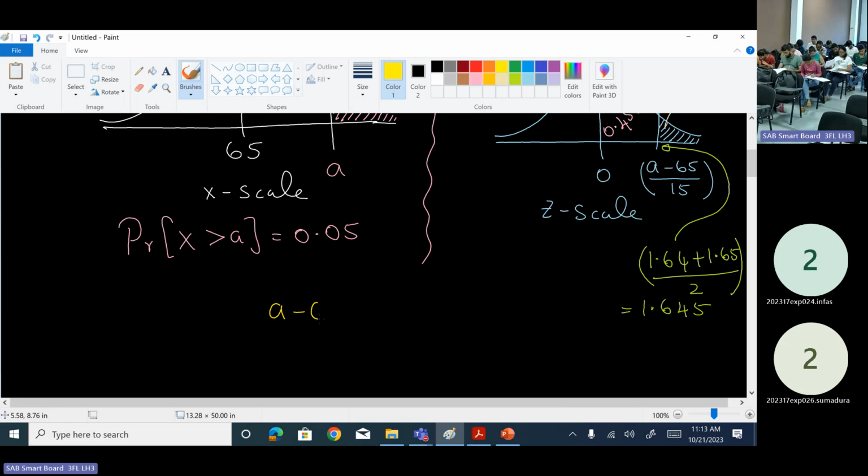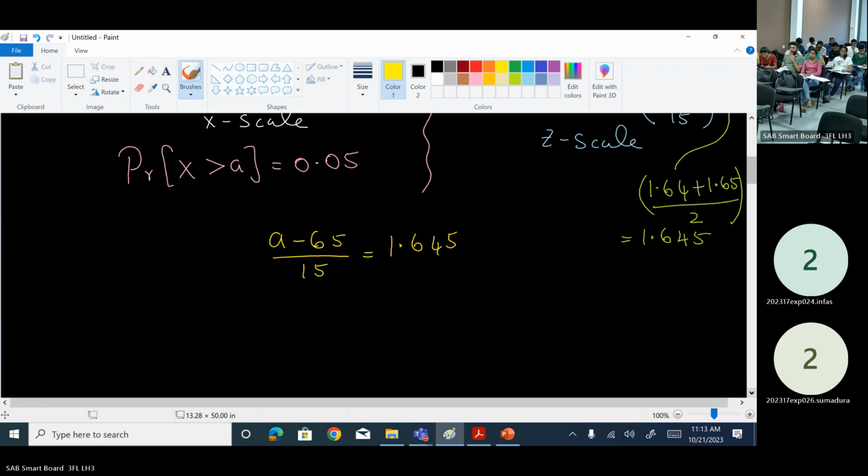So (A minus 65) over 15 equals 1.645. Here I don't need a minus sign, because this is a value on the right side. Now you rearrange to get your A value: 65 plus 15 times 1.645.